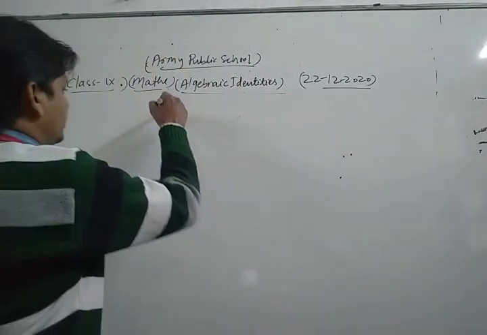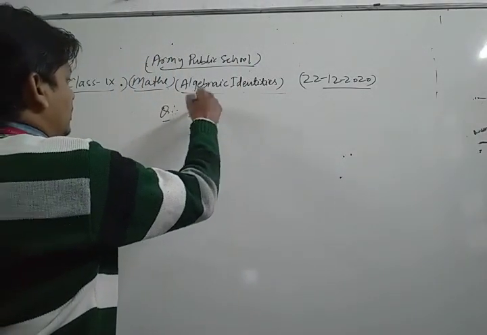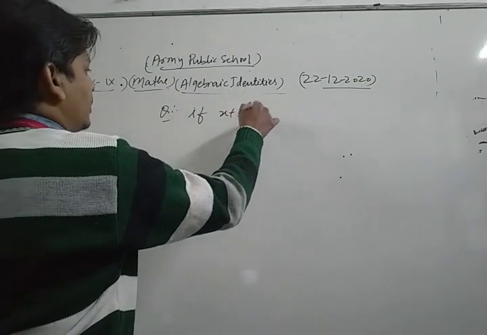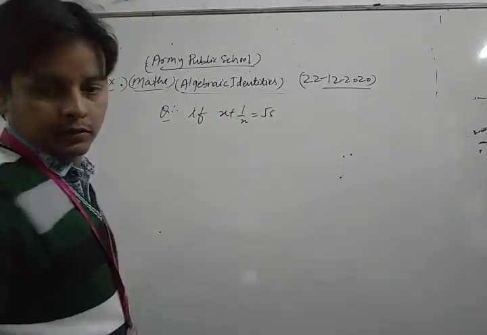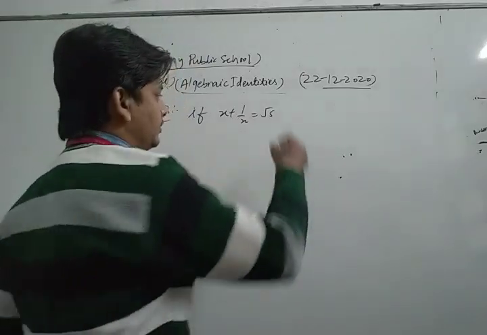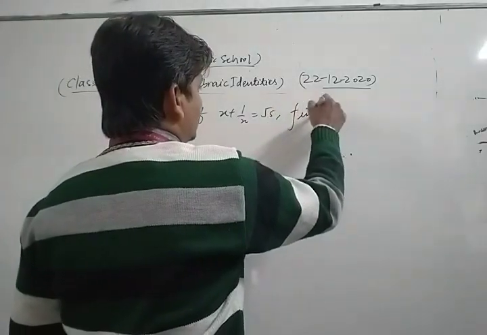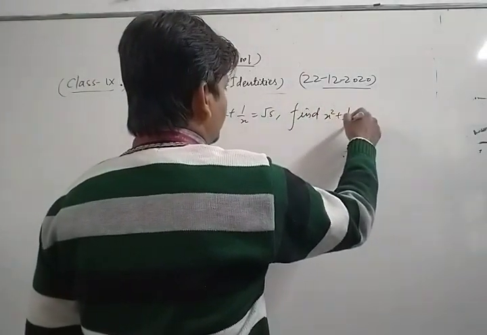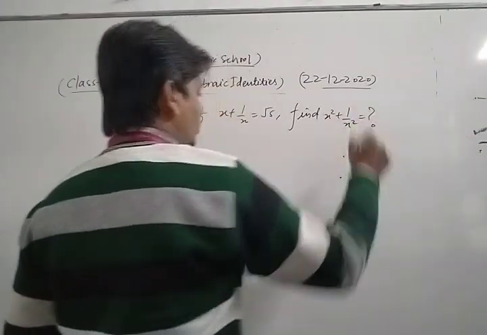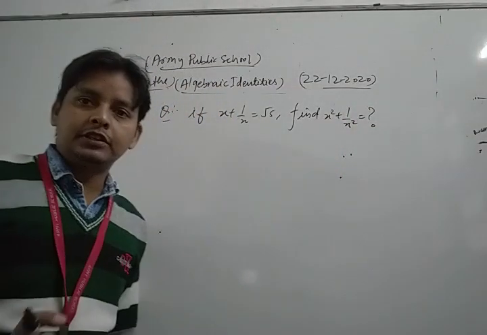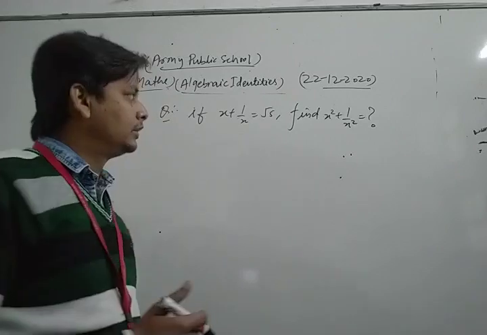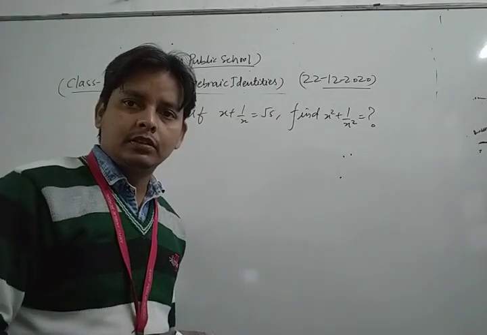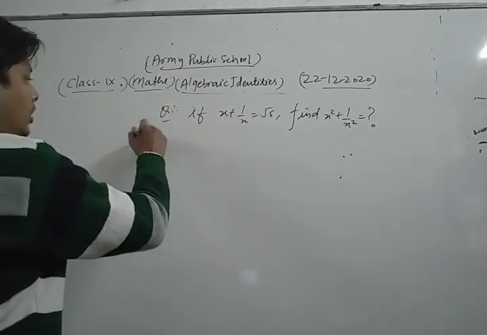Similarly, we take a question. If x plus 1 upon x is equal to under root 5, find x square plus 1 upon x square. This is a very interesting and easy question. We solved this type of question just in the previous questions. Now let's see its solution.